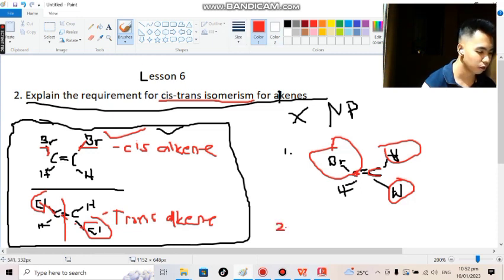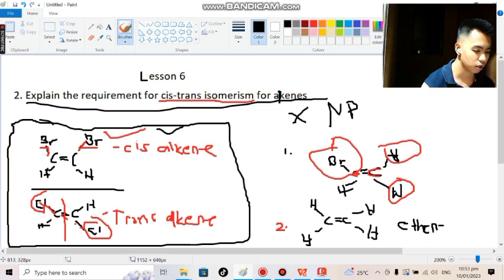Another example, I'm going to draw H and H and H. As you can see here, it is still an ethene.